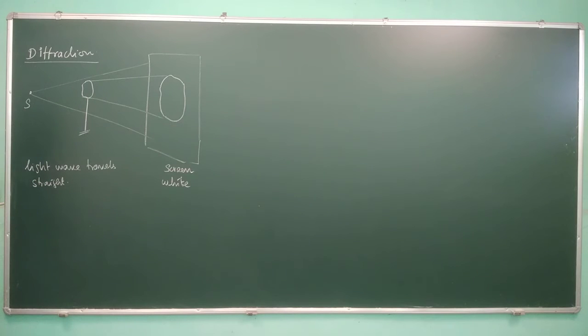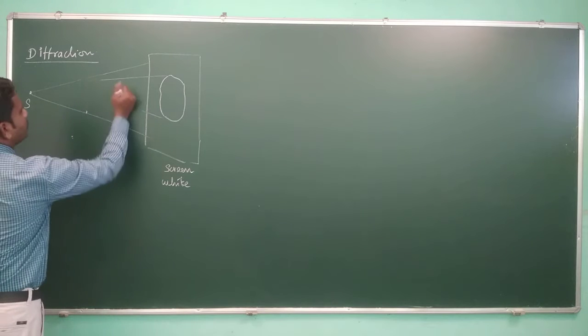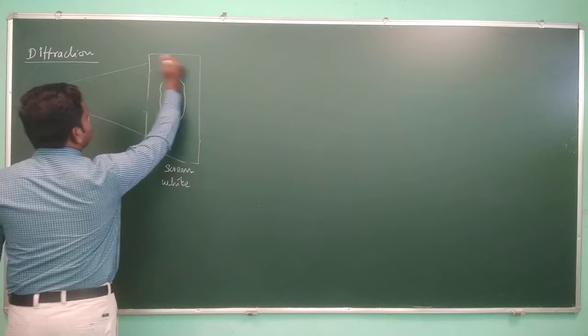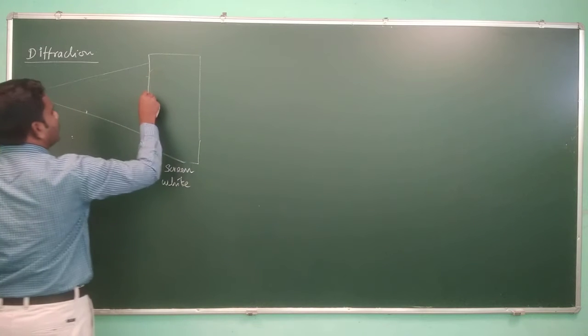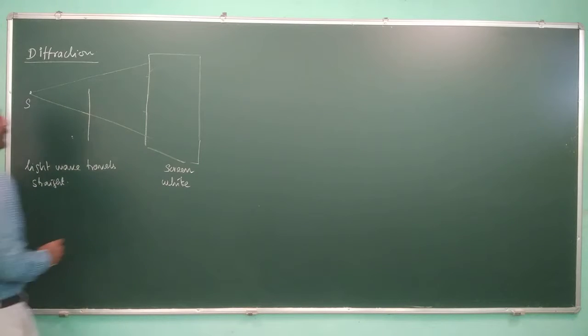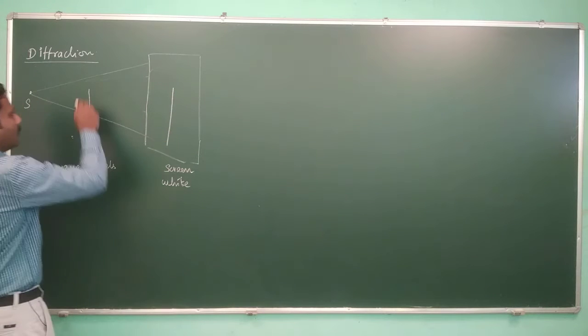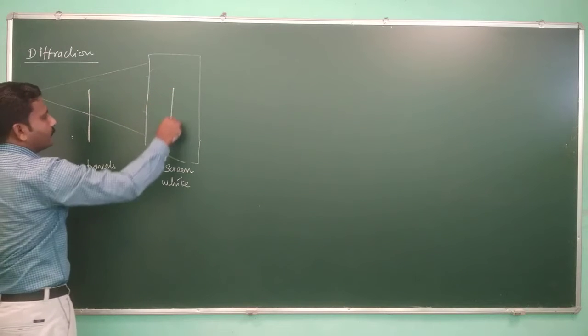But this is one case. It's not true always. Assume this is a larger object. Suppose you place a very small object, like a very small stick, in between the screen and the source. Now we would not have a dark shadow of this stick on the screen.